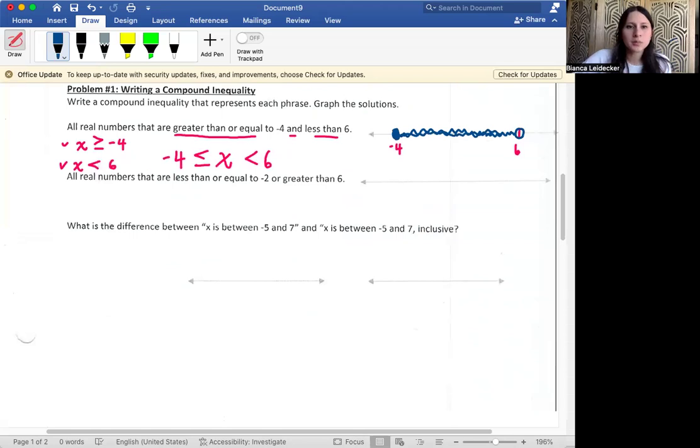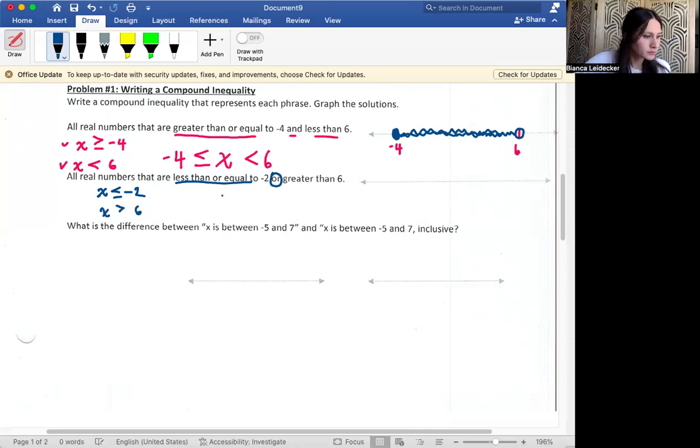Okay, all real numbers that are less than or equal to -2. So x is going to be less than or equal to -2, or, here's the word or, greater than 6. So x would be greater than 6.